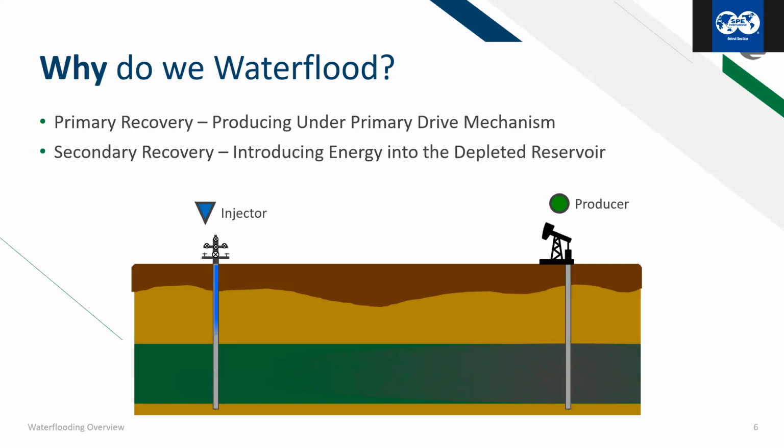Water flood is a secondary recovery method, and what you're doing is you're introducing energy into a depleted reservoir or into a reservoir system in order to re-energize it and to move oil that would no longer move because your hydrostatic head was equal or above your reservoir pressure, and you're raising that reservoir pressure so that now the oil can move out to your producers and out of the ground. So it's not really about pushing oil to producers, although that is a good function of water flooding. It's more about re-energizing the entire reservoir system so that oil becomes mobile again.